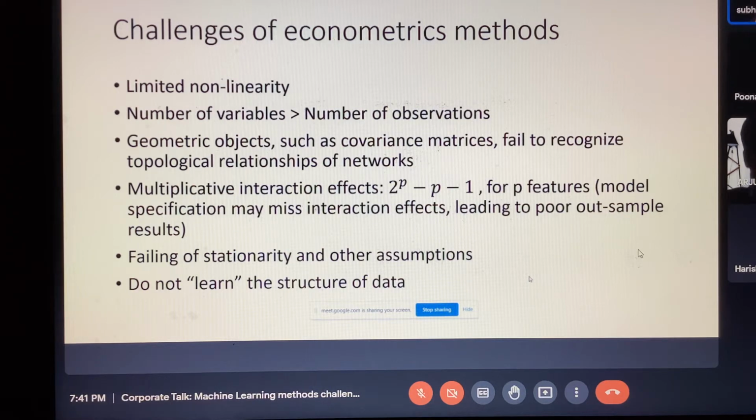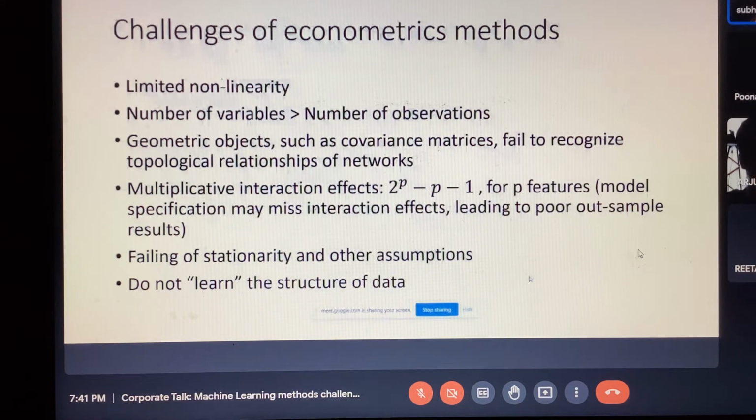Now, the other thing is interaction effects. If you think about it, if you do, for example, multiple regression, and you have four independent variables and one dependent variable, say volume of trade determined by income, exchange rate, and something else.